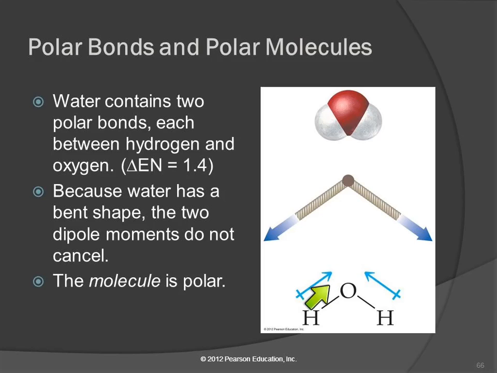And each of these bonds is polar, oxygen being more electronegative, and so we have a dipole moment going this way and a dipole moment going that way. And those are not going to cancel each other out. So if we think about playing tug-of-war, we've got a guy here, and we've got a guy over here, and a guy over there.